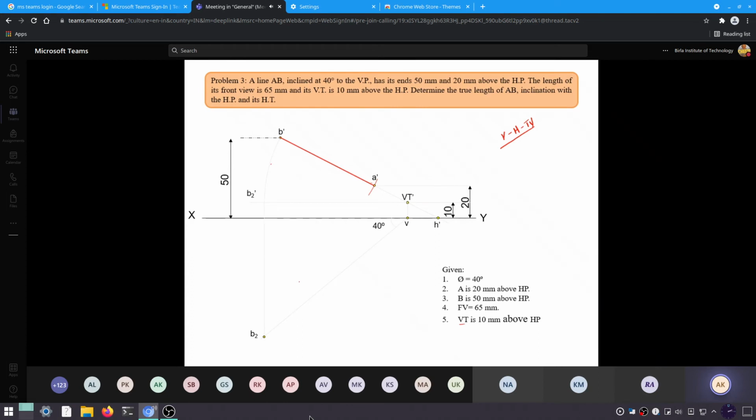Obtain B2. Now we draw the locus from B2 and we draw the end projectors.